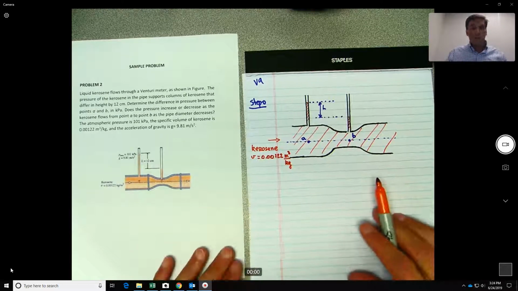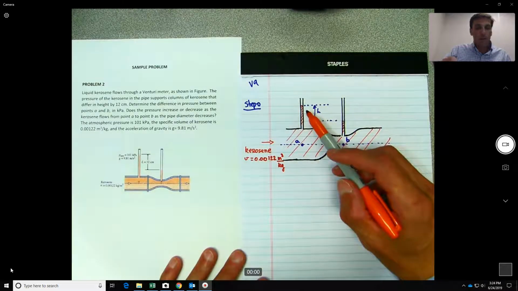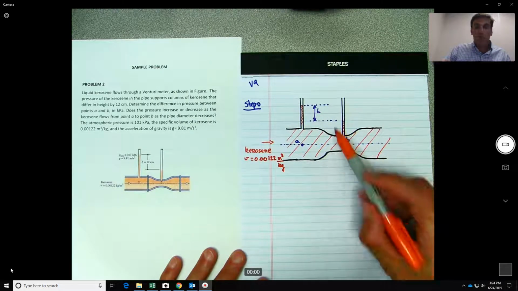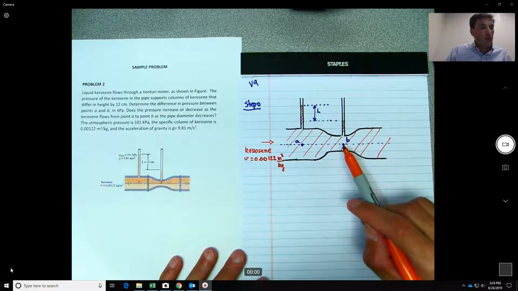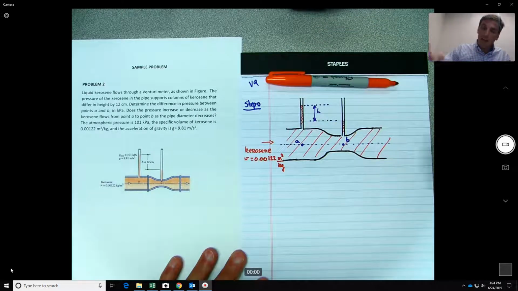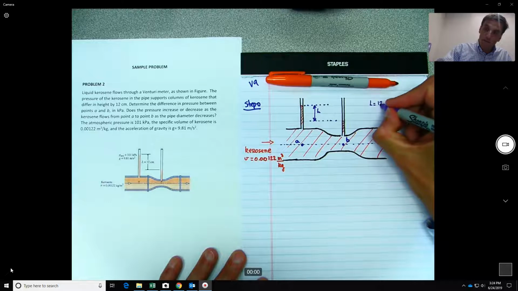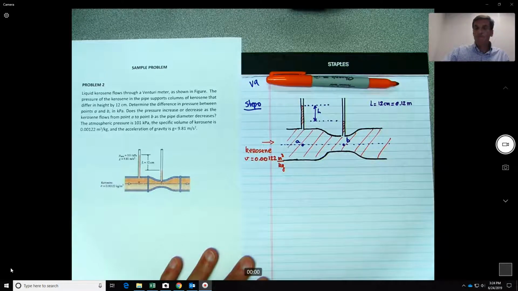All right, so let's read the problem statement now that we have the figure. So liquid kerosene flows through a Venturi meter. Okay, so the Venturi is to measure the difference in pressure between 2 points. The pressure of the kerosene in the pipe supports columns of kerosene that differ in height by 12 centimeters. So basically that means that L over here equals 12 centimeters, which is what? 0.12 meters. Okay.